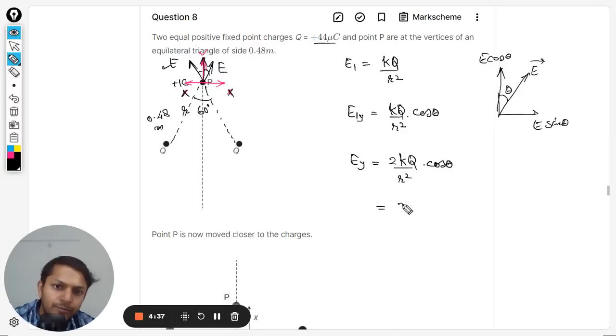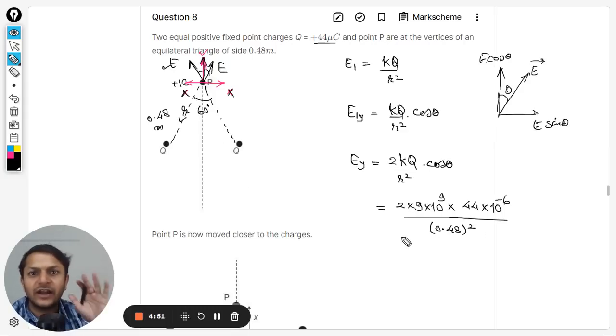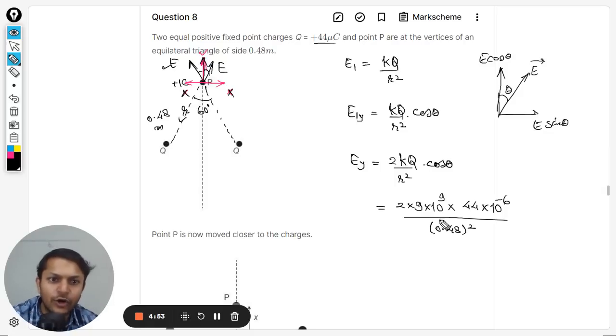Now we are going to plug in our values. R is the distance, which is 0.48. Make sure that all of the units are SI, and I have checked, they are all SI units. So this into cos theta, and theta here is 30 degree, it is not 60 degree, beware.